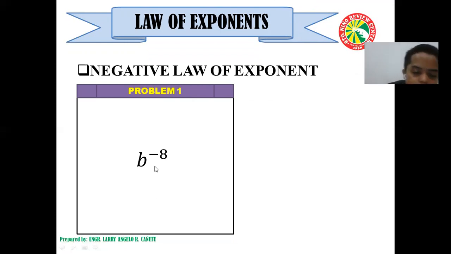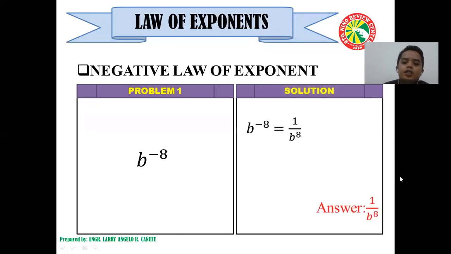So therefore, the negative here goes down. It goes to the denominator. So that's why we have 1 over the whole quantity b raised to 8. So the negative here would change to positive, but it goes in the denominator.